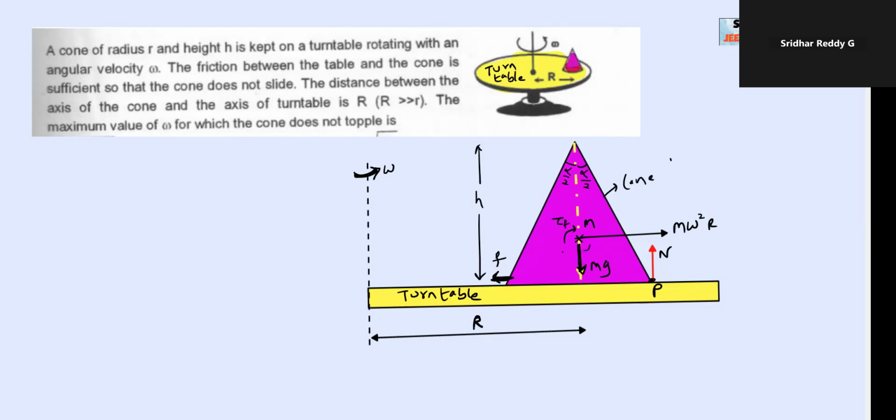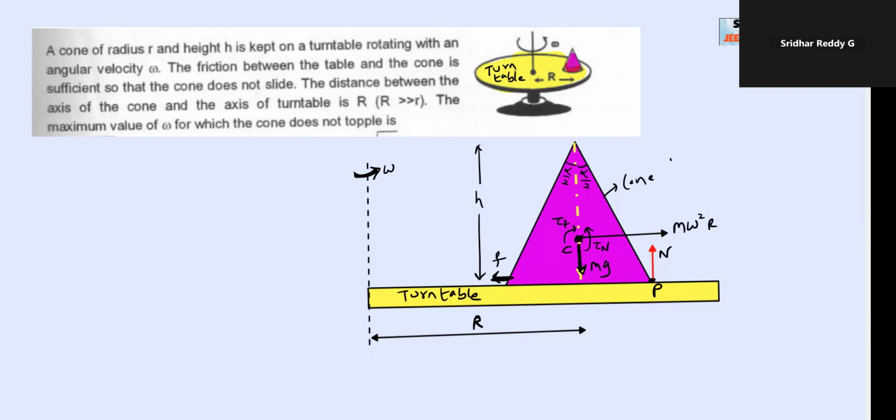So the net torque about point P should be zero.